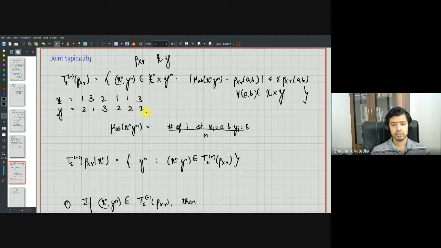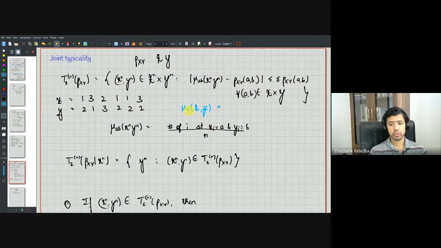Okay, so in this case, mu_ab of x^n and y^n is the number of i's for which the pair a comma b occurs. So let us look at mu_11 of x comma y, the fraction of locations in which x is equal to 1 and y is equal to 1.